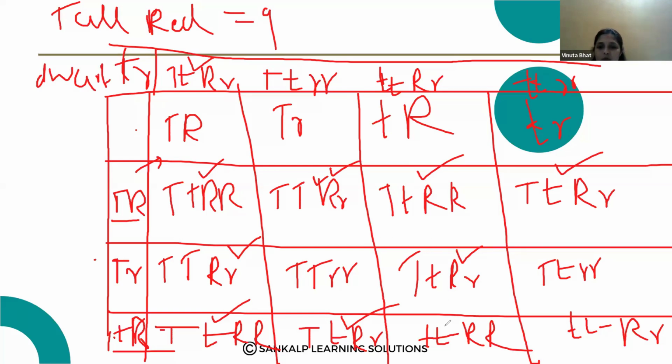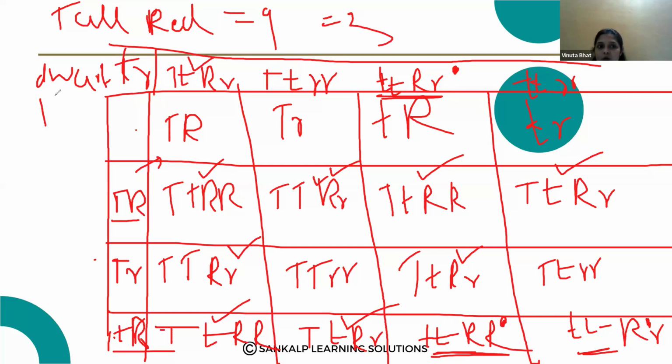Dwarf means small t here. 1, 2, 3. These are dwarf plants, but they are producing the red flower. So they are 3. Capital R is the red color flowering plants.